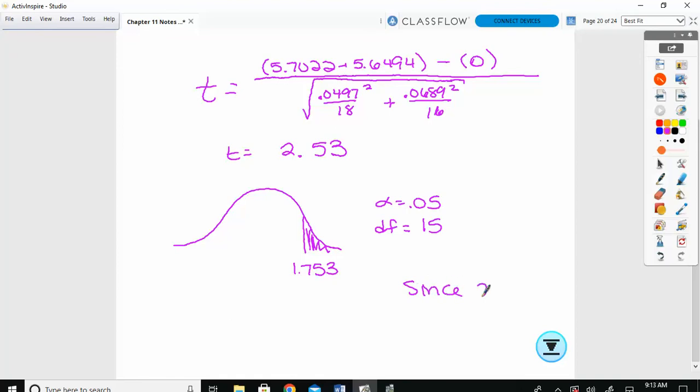So since 2.53 is in the shaded region, reject the null hypothesis, which is the same conclusion we got from our calculator. It's just a lot easier to let our calculator do the work. Questions?